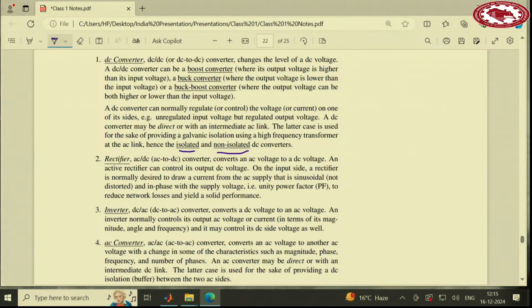We have rectifiers, AC to DC, converting AC to DC as the name indicates. And AC could be single phase or 3-phase. The power flow is from AC to DC in this one, and that's why it's called rectifier.